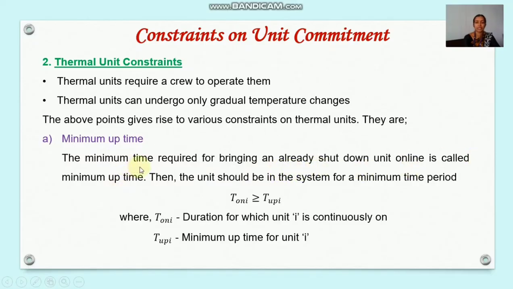So it is the time taken for bringing a unit which is already off to online, and that is minimum uptime. And this constraint says that the unit should be in the system for a minimum period of time. If we have turned on a unit, the unit should be in the system for a minimum time period.